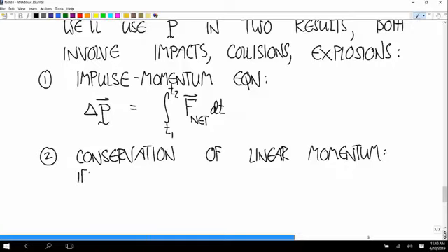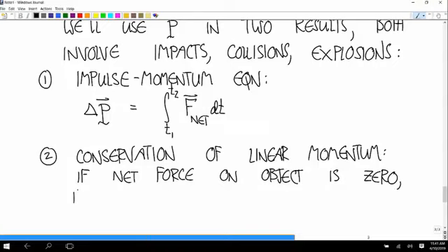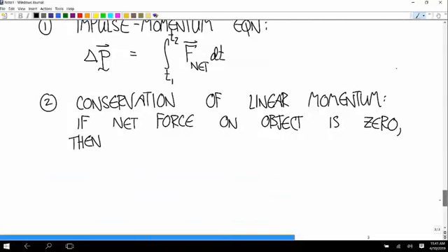And that says if the net force on an object is 0, and when I say object, it could also be a collection of objects or a piece of an object, whatever you're isolating, if the net force on what you're isolating is 0, then the object's linear momentum at instant 1 is the same as the object's linear momentum at instant 2.